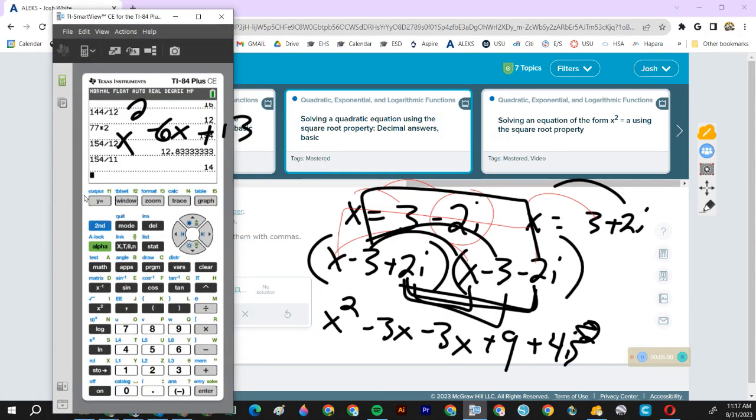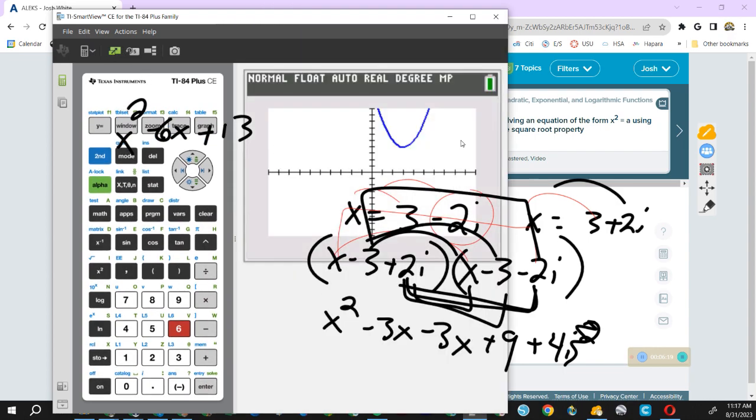So if I go into y equals, and I graph x squared minus 6x plus 13, what do I know about this graph before I graph it? If the roots are imaginary, it's going to miss the x-axis, right?